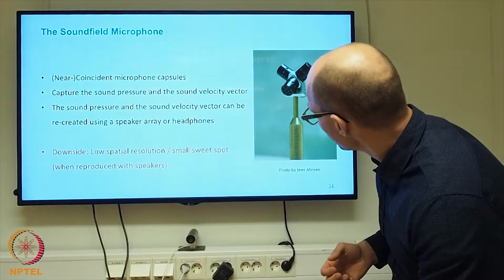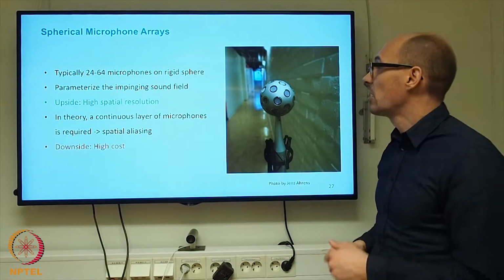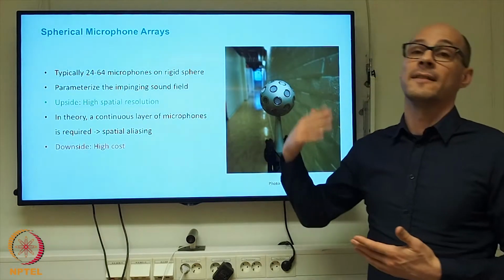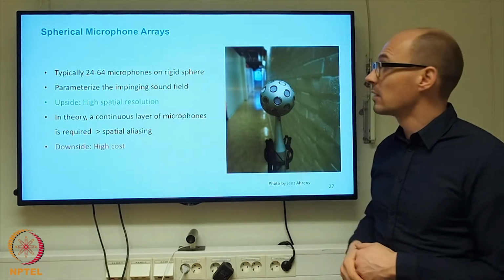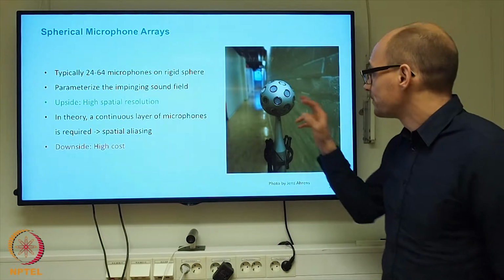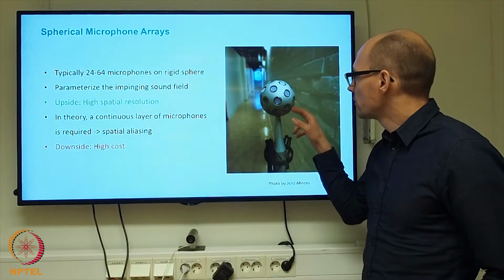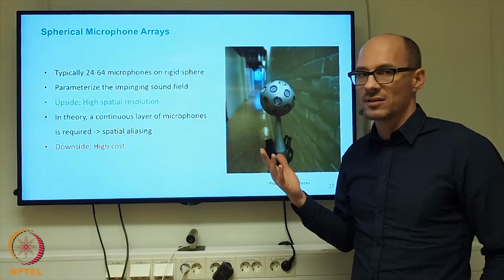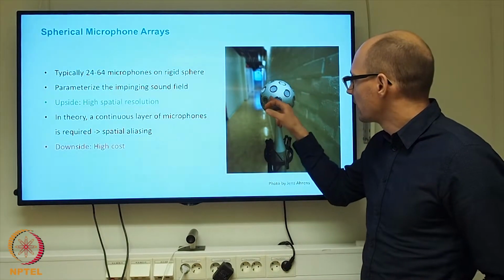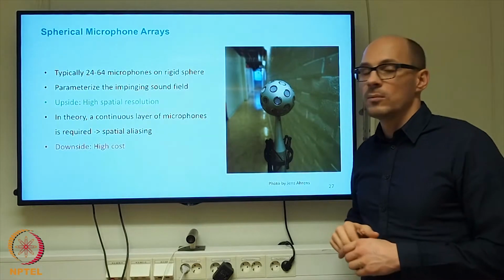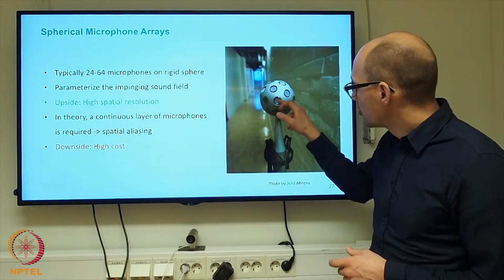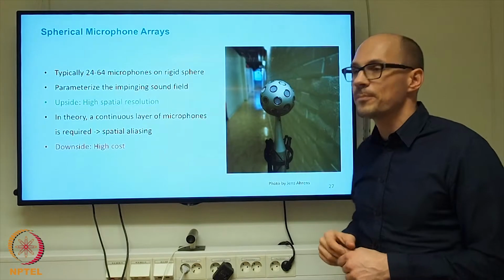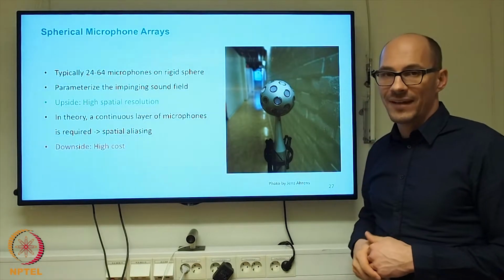This is better with so-called spherical microphone arrays, which are basically the advanced version of the sound field microphone. In this case, they use microphones which are usually distributed over the surface of a spherical scattering object. So by design, this object which hosts the microphone capsules, each of these circles is one capsule, it reflects the sound field.